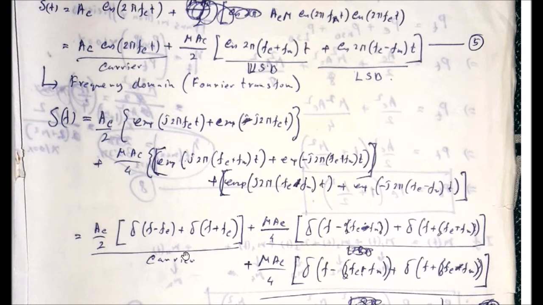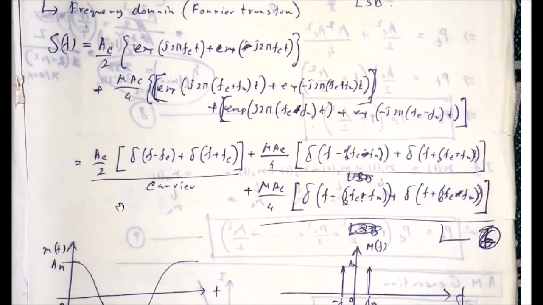Now if you simply Fourier transform these terms, what will happen? The first term is nothing but the carrier, and this one is the upper side band. There will be one delta f minus this one and delta f minus this one, and this will have the lower side band. So upper side band and lower side band are both transformed to the frequency domain.